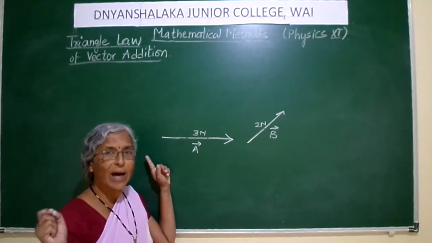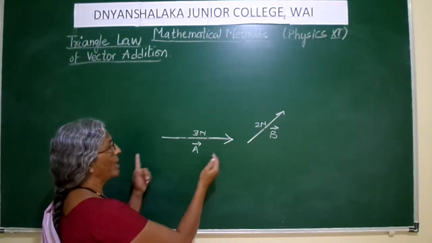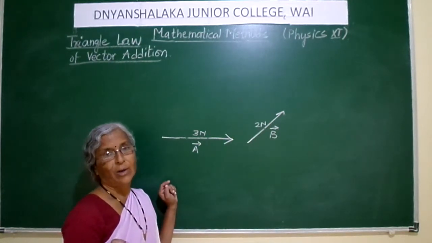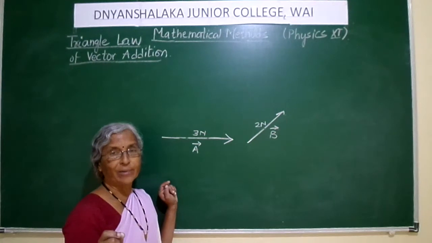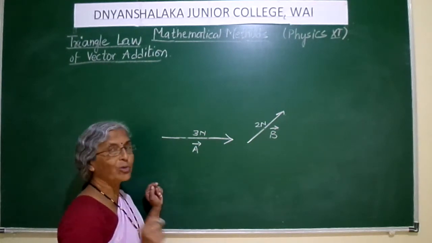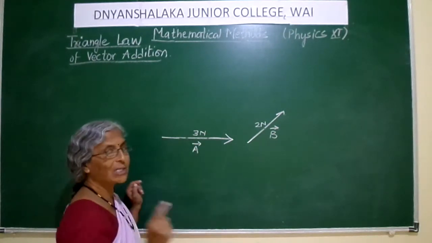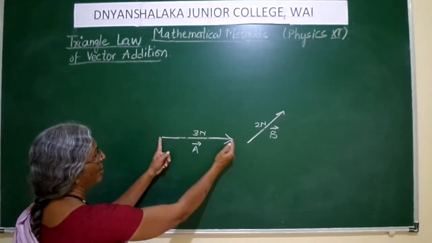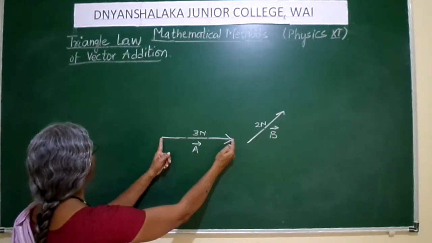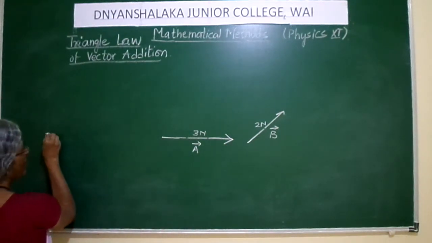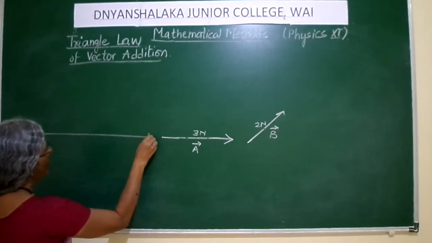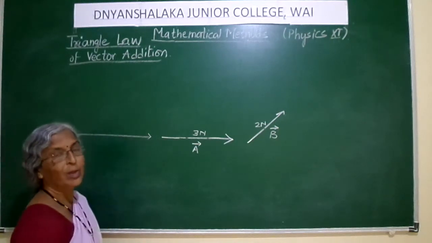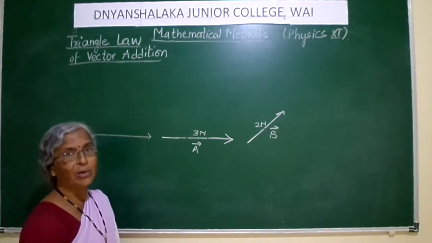You know what a triangle is. So I am going to take this vector A as a side of a triangle such that the side represents the magnitude as well as the direction of that vector. Now I have this vector of magnitude 3. I draw a line segment of any length.